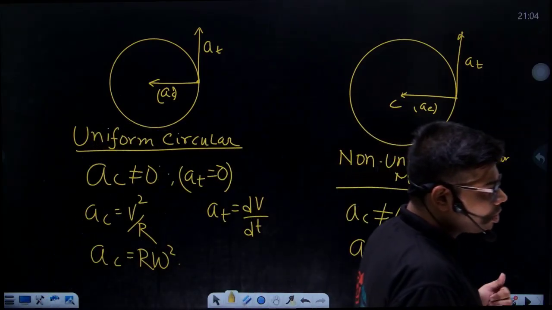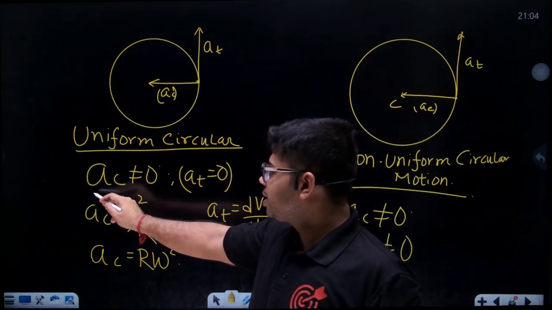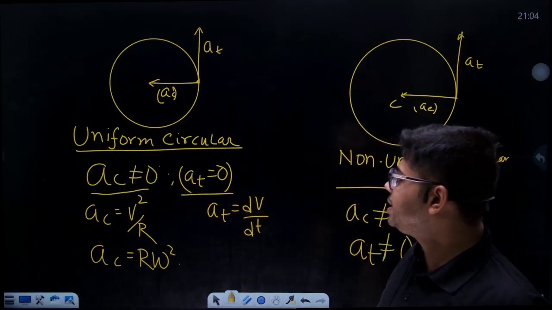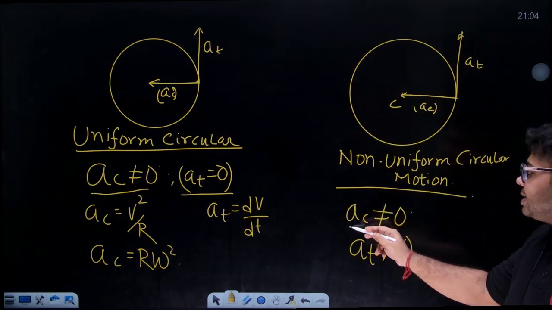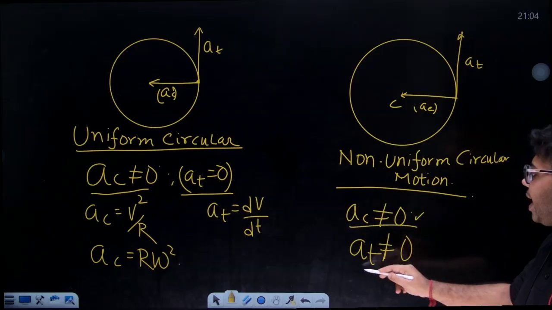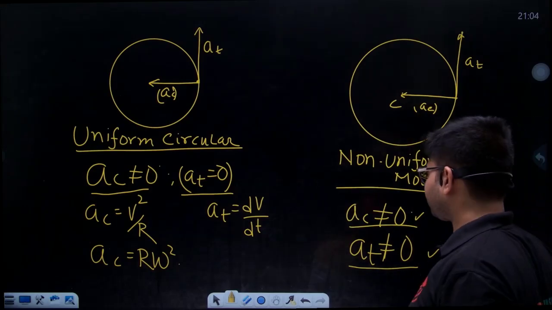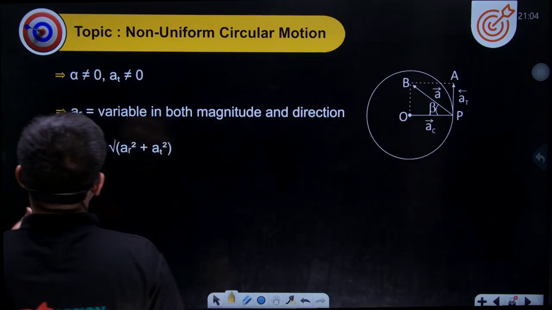So this is a very important conclusion, that in case of uniform circular motion, AC is not equal to zero, but AT is equal to zero, and in case of non-uniform circular motion, AC is not equal to 0 and AT is also not equal to 0, right? So the same thing is basically written here.